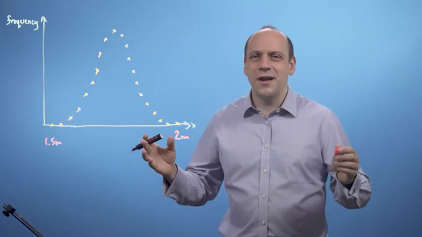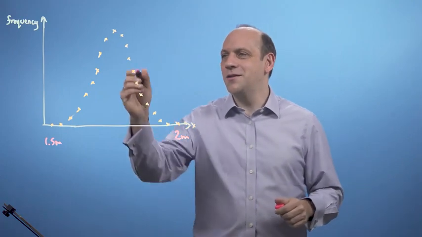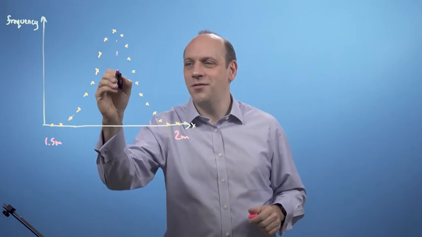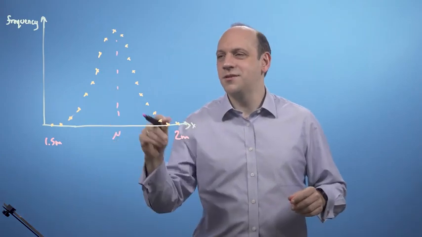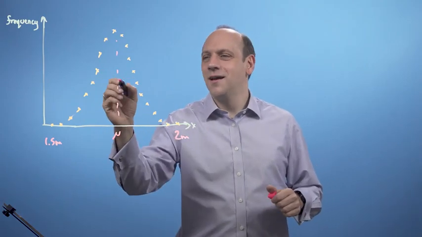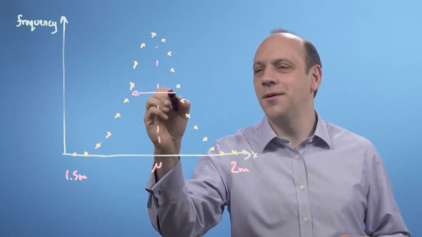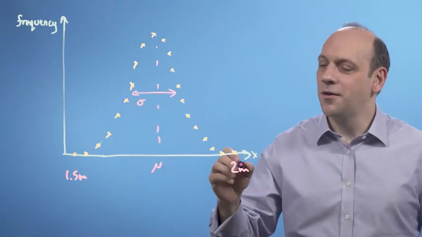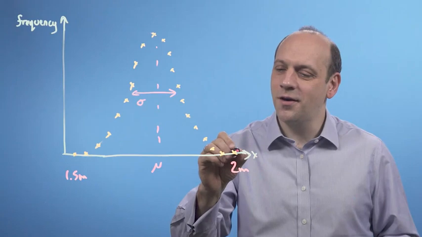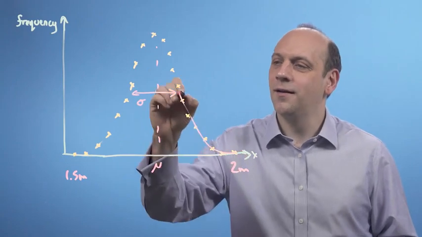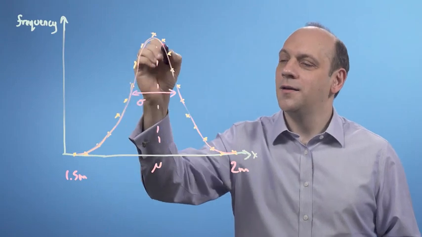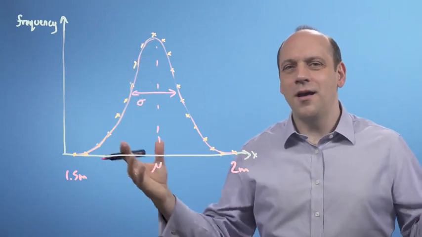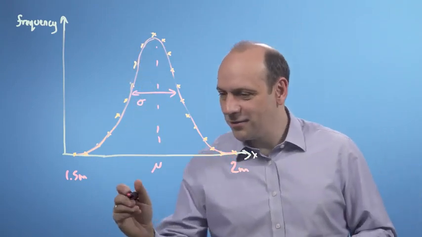And let's say that equation has just two parameters, one describing the centre of the distribution here, and we'll call that mu, and one describing how wide it is, which we'll call sigma. So we could fit it with some curve that had two parameters, mu and sigma.